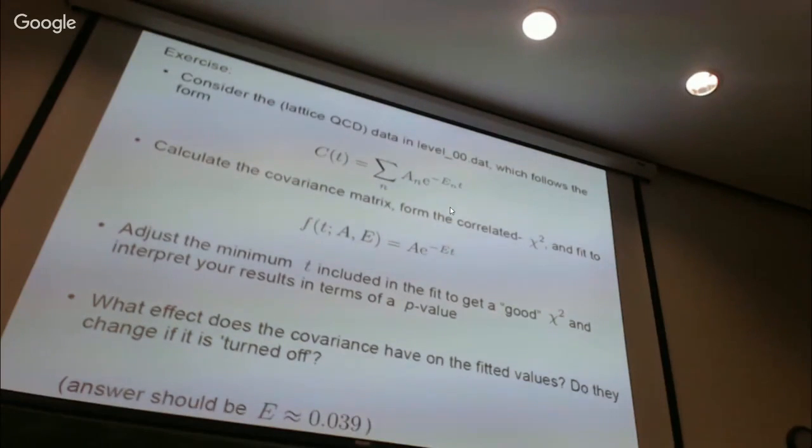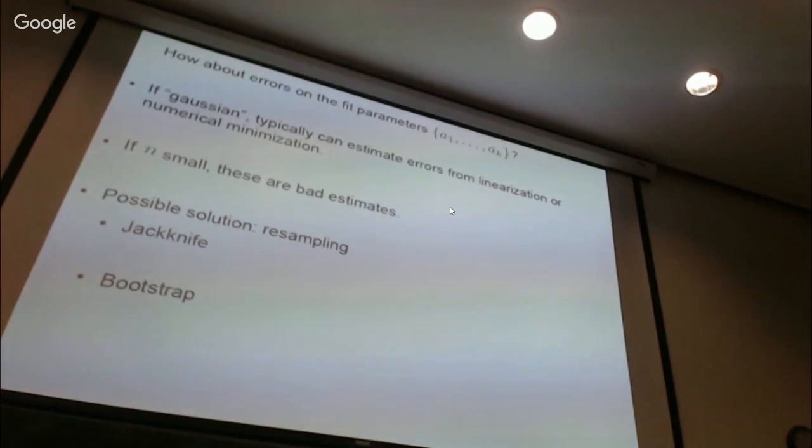All right. The next topic I want to talk about is motivated by consideration of the errors on the fit parameters that we've been talking about determining. So if you're in the Gaussian regime, by Gaussian regime, I mean that the central limit theorem is a good approximation to your errors, you can estimate the errors on these fit parameters just by straightforward error propagation.